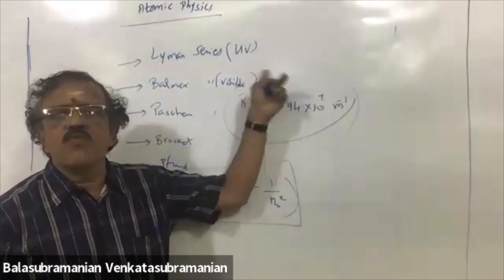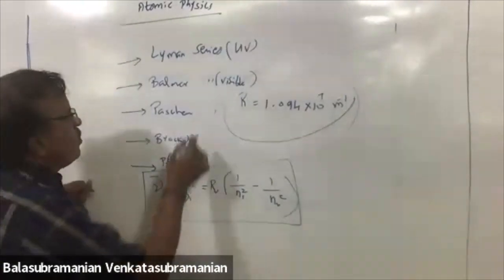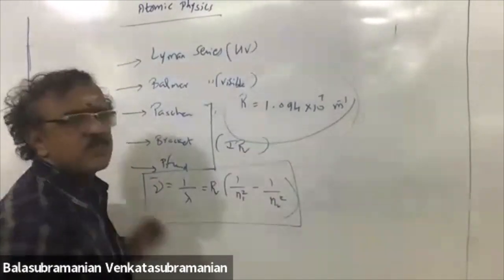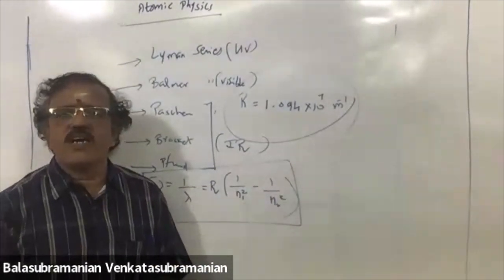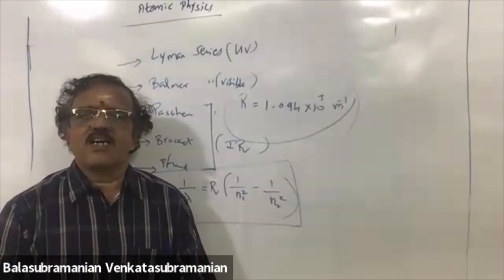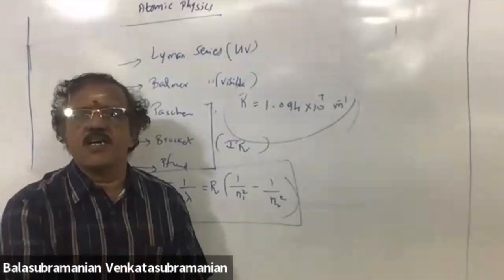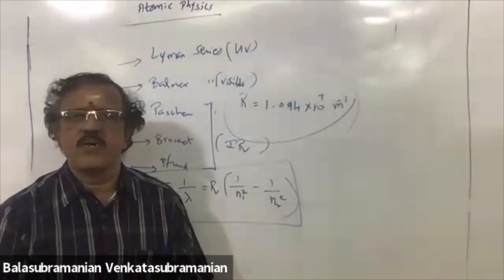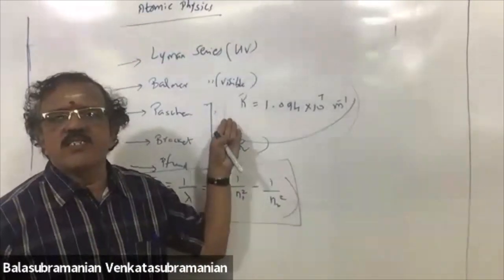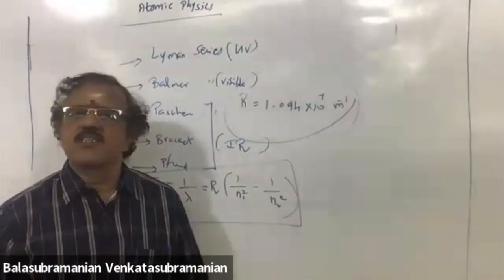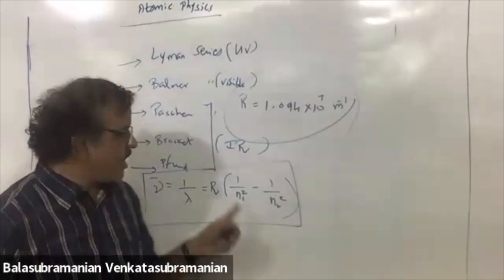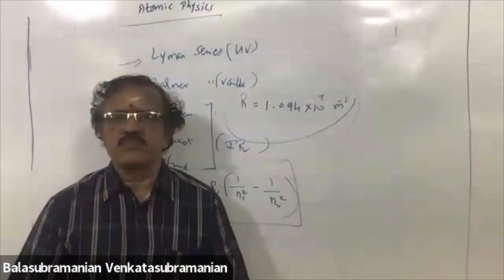Below 4,000 is UV. Paschen series, Brackett series, Pfund series, all three lie in the infrared region: higher orbit to third, fourth, and fifth orbit. Maybe this is the near infrared region, and this is the far infrared region. Infrared region, that's all. You can calculate lambda for any given value.